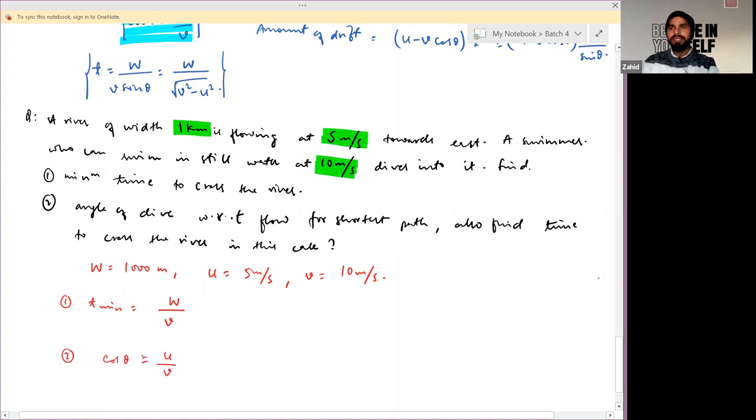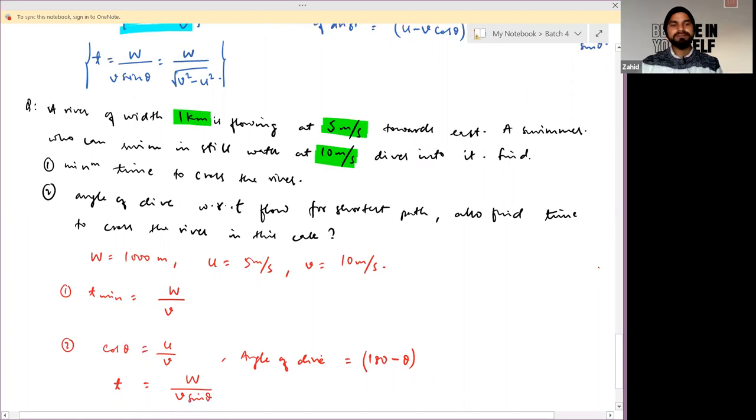Since this theta is with respect to the opposite of the flow of the river, the angle of dive with respect to flow will be 180 degrees minus theta. And last, the time for the shortest path will be the width of the river divided by v times sine theta. Just put all the values in these two expressions.